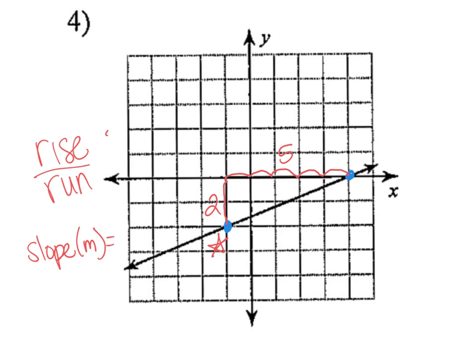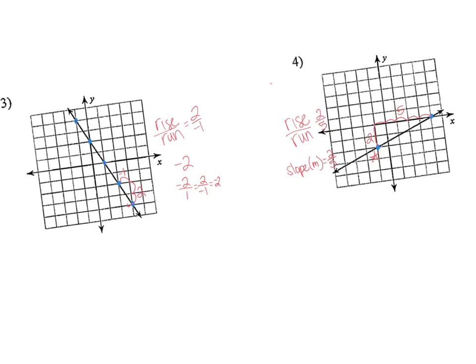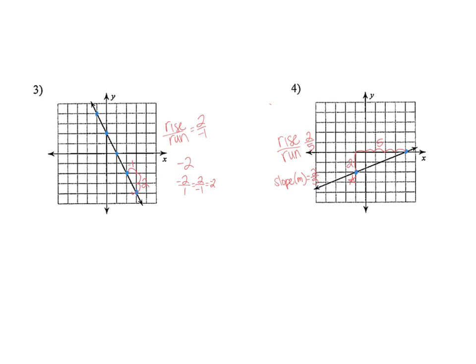Two over 5. You always rise first. Up first. Always go up. That's why we start at the lowest point. Okay? Go ahead and continue on.